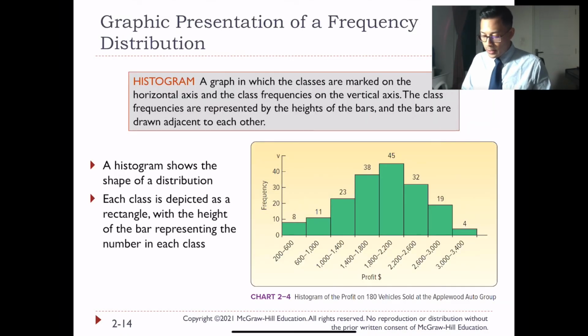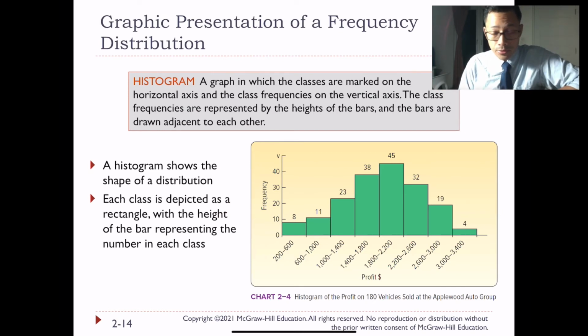Another thing that might be of interest to you is the histogram. In a lot of cases, the histogram is very useful, but it's very underutilized. Not a lot of people actually use it, but I personally love the histogram. A histogram or an extension of it, such as the kernel density graph, is very intuitive.